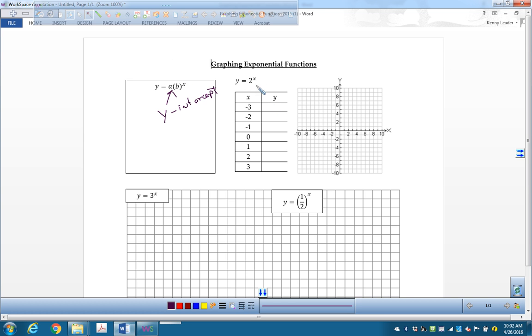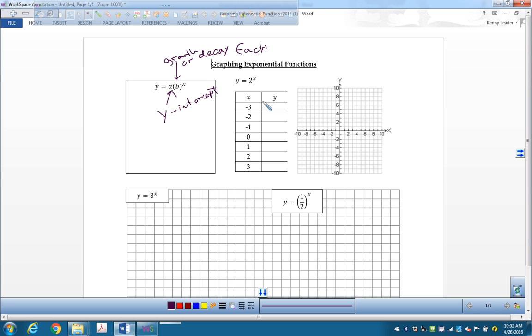This is kind of the growth or decay factor. If this is a number bigger than 1, your function's going like this. If this is less than 1, your function's going like this.